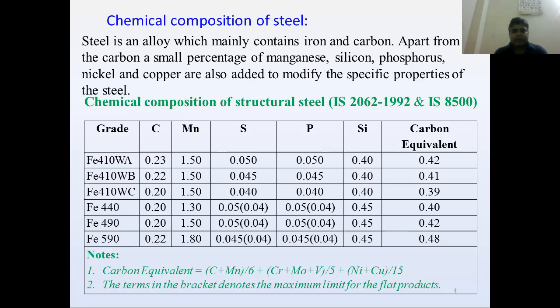Similarly, Fe 410 WC: carbon content 0.20, manganese 1.50, sulfur 0.040, phosphorus 0.040, silicon 0.40 and carbon equivalent 0.39.